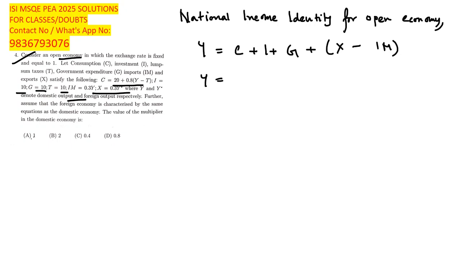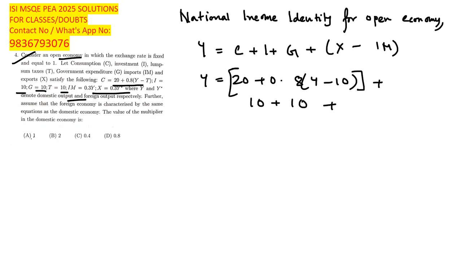So we know Y is equal to 20 plus 0.8 (Y minus 10), this is one function being given, plus I is being given 10, G is being given 10, plus 0.3 Y star minus 0.3 Y.